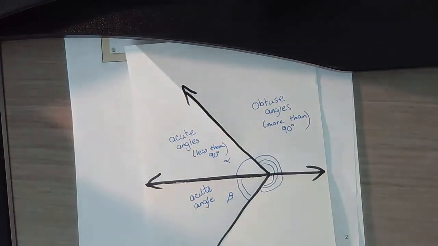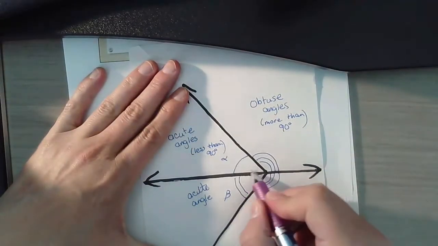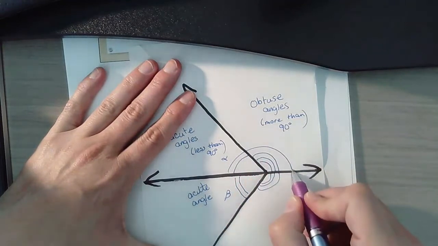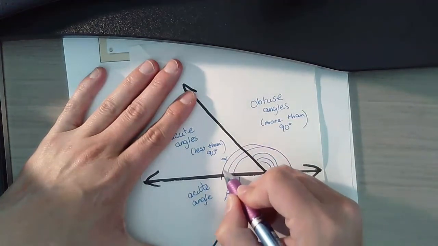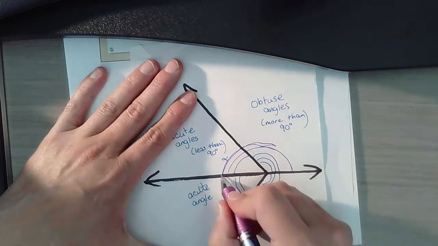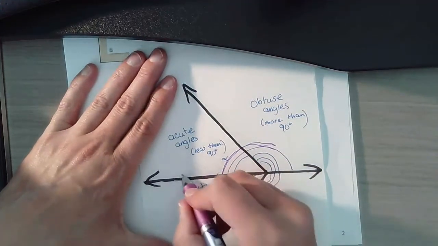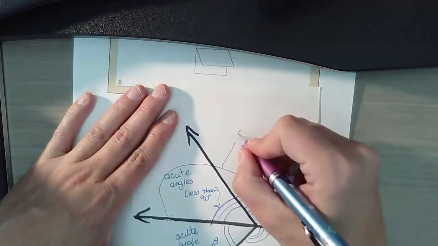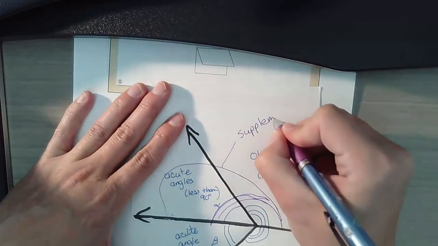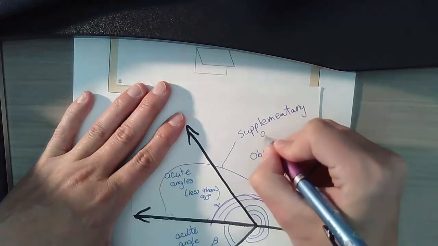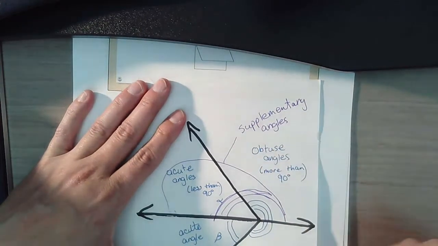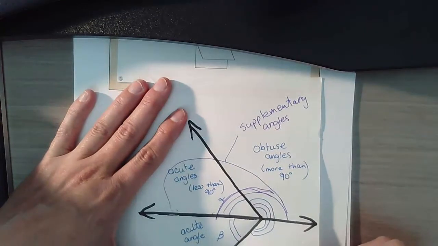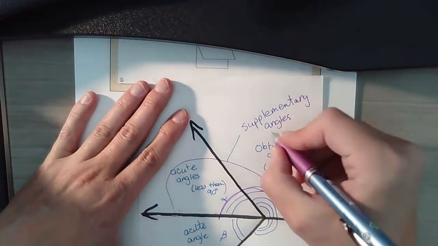Now, something else about these angles. These two angles right here, these angles right here, okay? So I'm combining this acute angle and this obtuse angle. Those are what are considered supplementary angles. Supplementary angles add to 180 degrees.